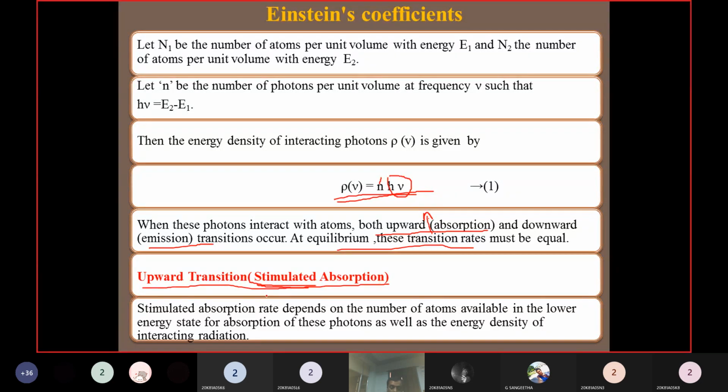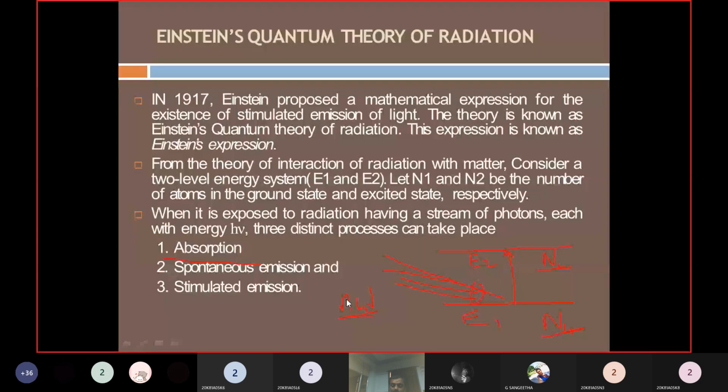Now coming to the rate of absorption, that means how many electrons are going to the excited state. That depends on the rate of absorption.